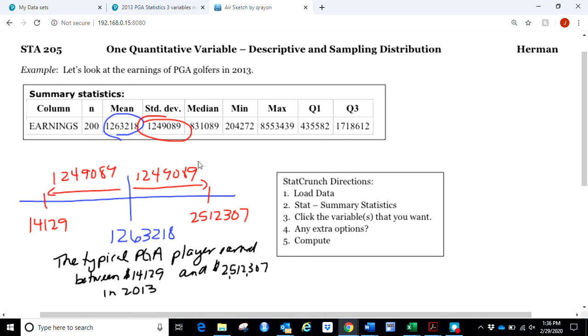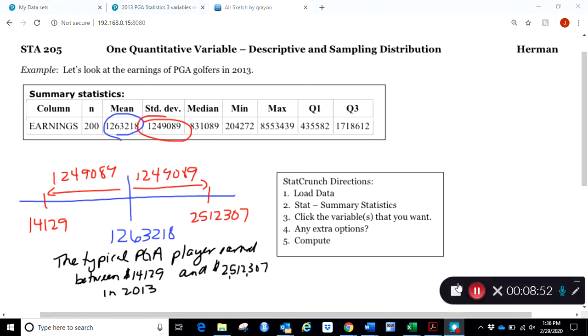Again, we're not saying all. This is just where the typical player falls. So here are those directions for StatCrunch for you. That way, if you ever need to do this in StatCrunch, you have that idea.